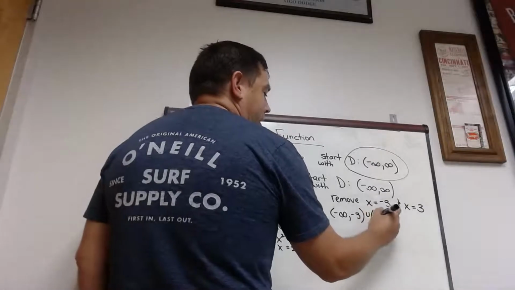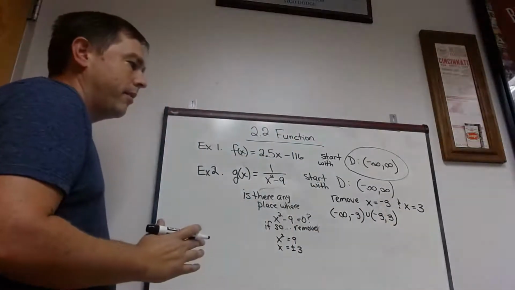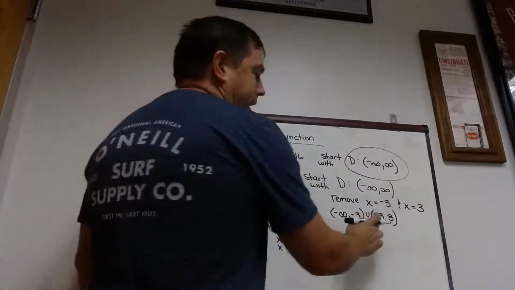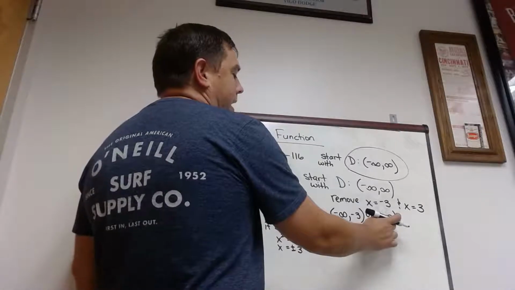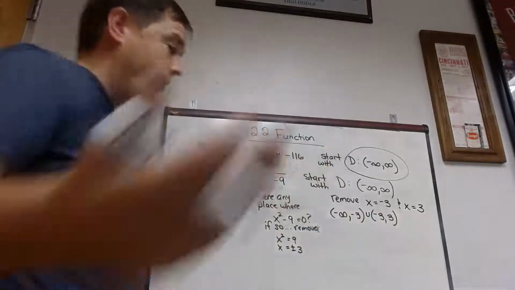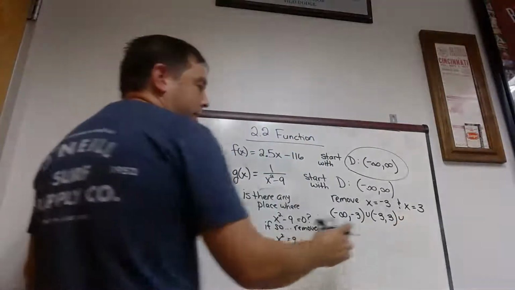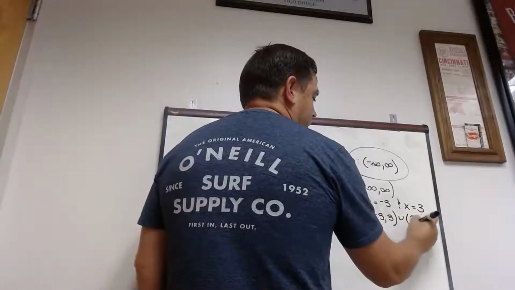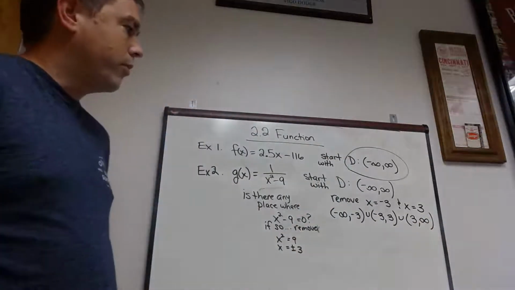Any number between negative 3 and 3 is also okay. So this includes negative 2.99999, and this includes positive 2.99999, but not 3. And then we need to include any value that is greater than positive 3. And there we go.